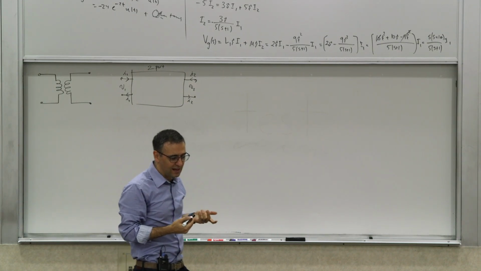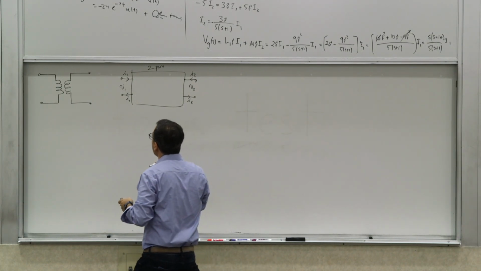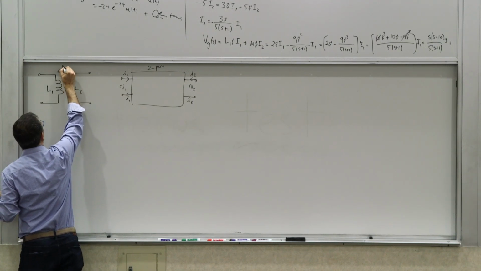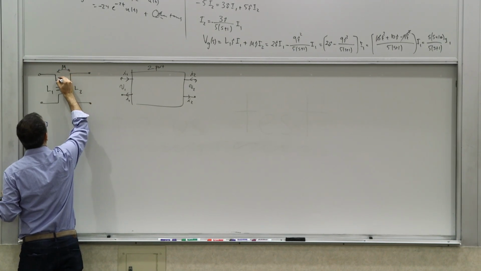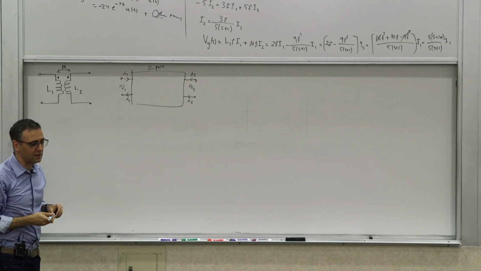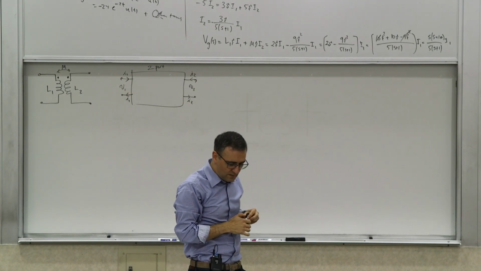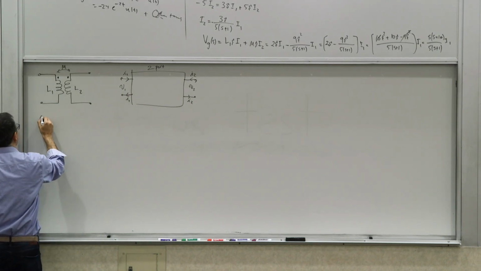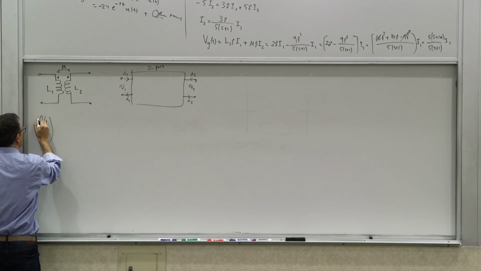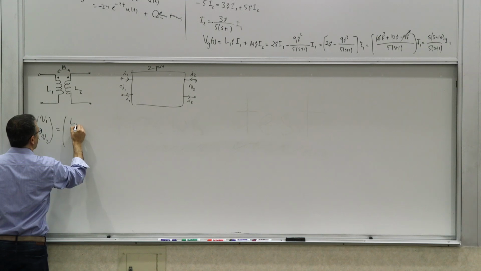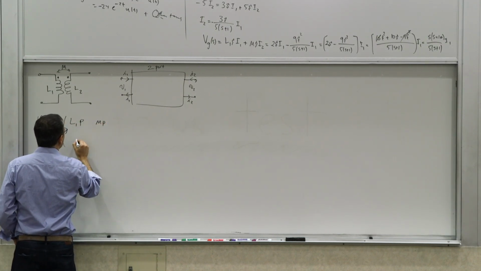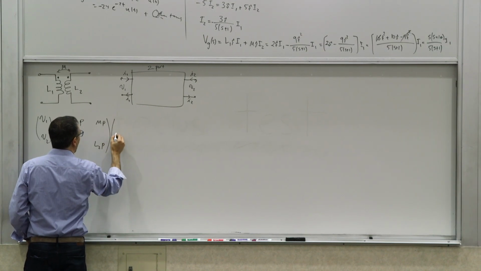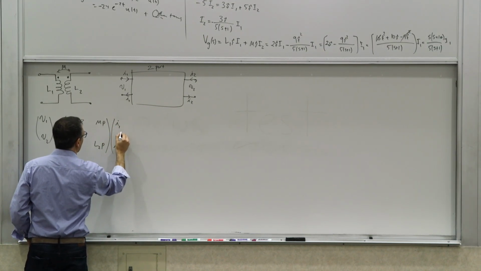So now you have this element, and we can think about it as having an L1 and an L2, and M, the mutual coupling. So the 3 parameters are shown like this. Let's say the dots are here, and they're coupled to each other. We know that V1, V2 can be written as the matrix L1p, Mp, Mp, L2p times I1 and I2.